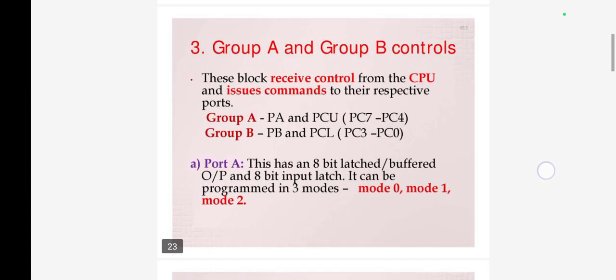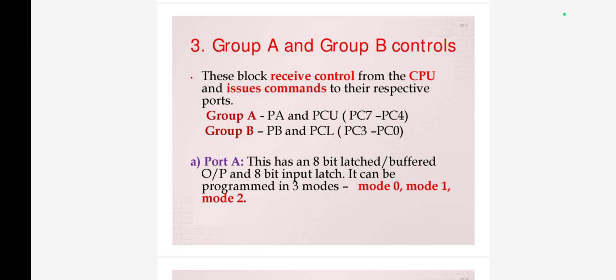Group A and Group B controls. These blocks receive the control from the microprocessor and issue commands to their respective ports. Group A control block controls port A and port C upper, while Group B control controls port B and port C lower.